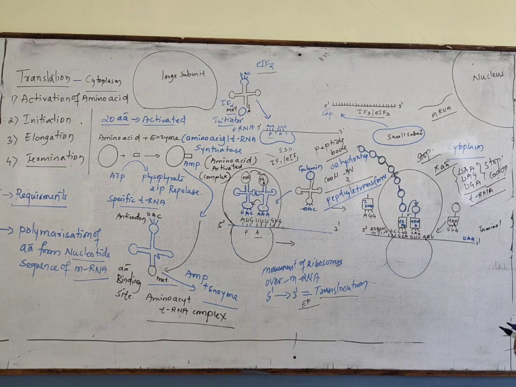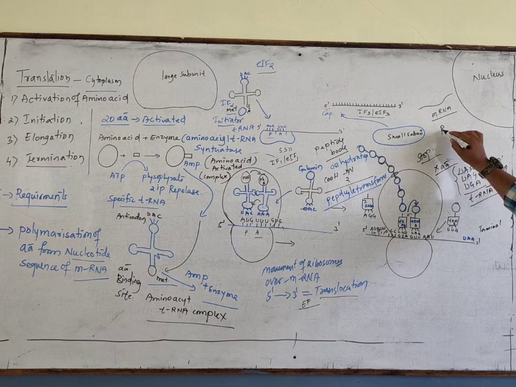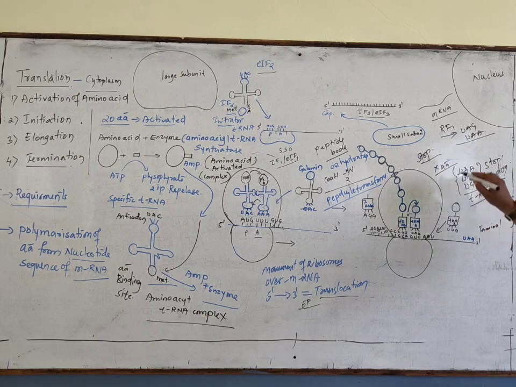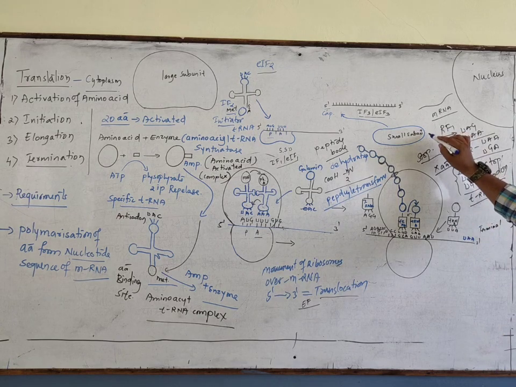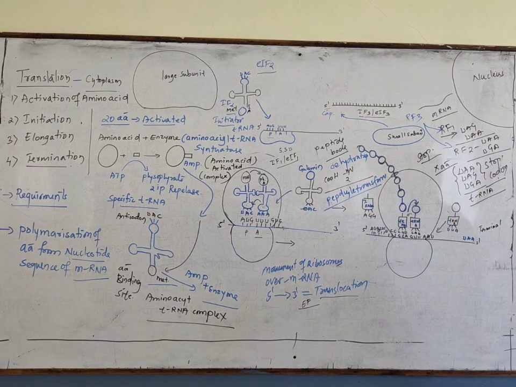These codons are associated with the releasing factors. Releasing factor 1 is associated with UAG and UAA. Remember this. And releasing factor 2 is associated with UAA and UGA. And one more, releasing factor 3, will activate these two releasing factors.